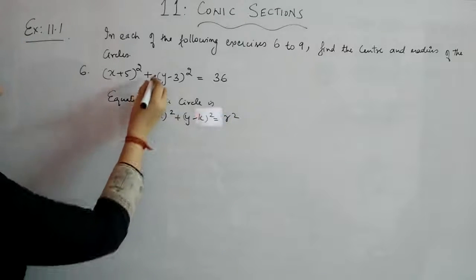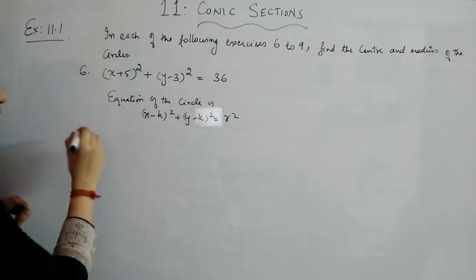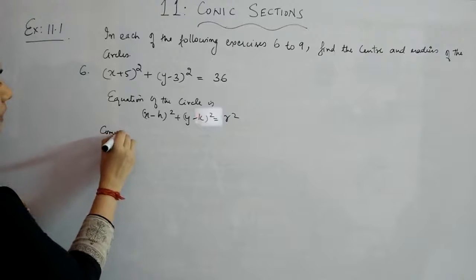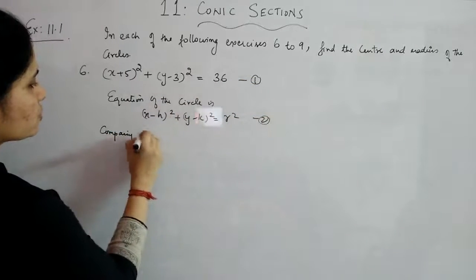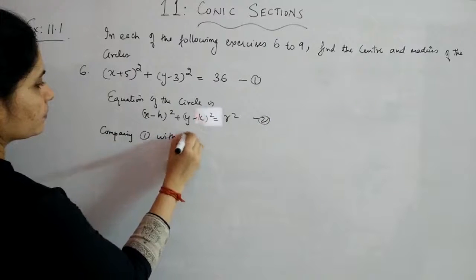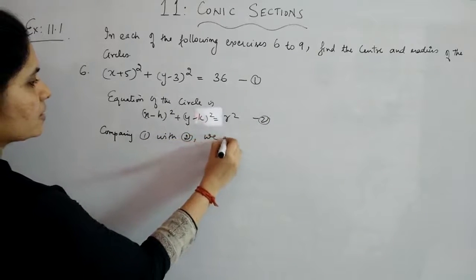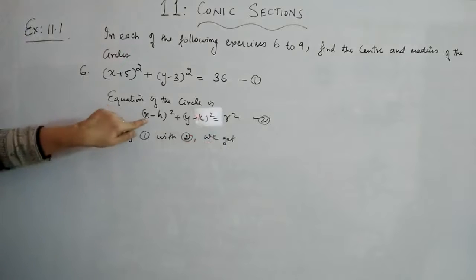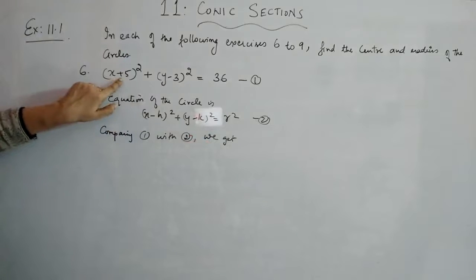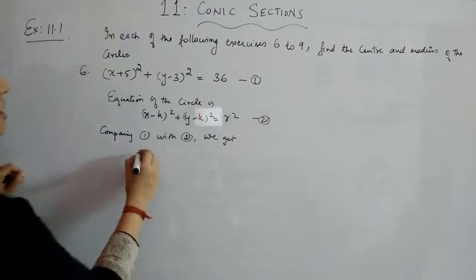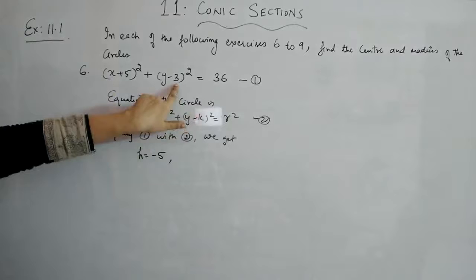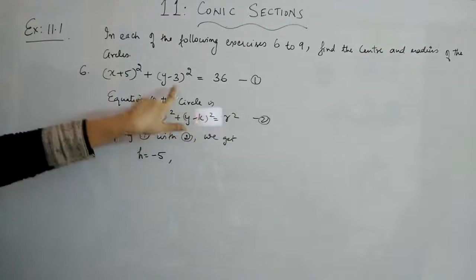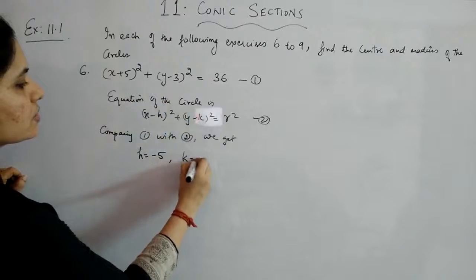Now comparing the given equation with this, when you write x plus 5 as x minus of minus 5, h gives you the value minus 5. And comparing with this term, you can see that instead of k, you have 3 here. So k is equal to 3.